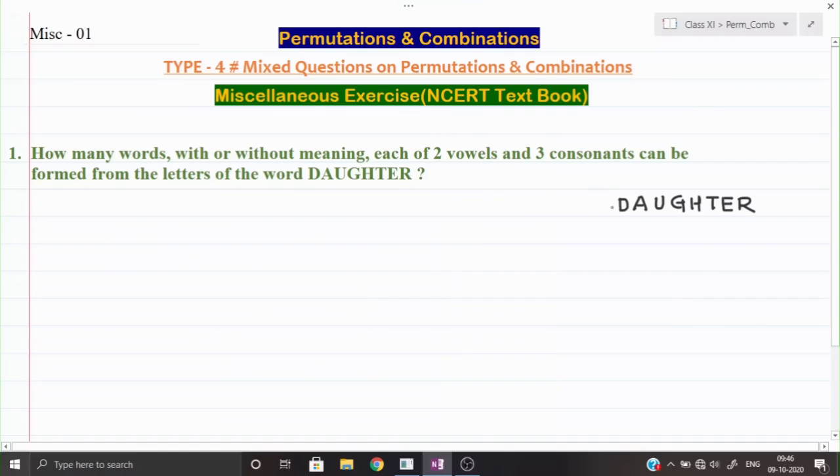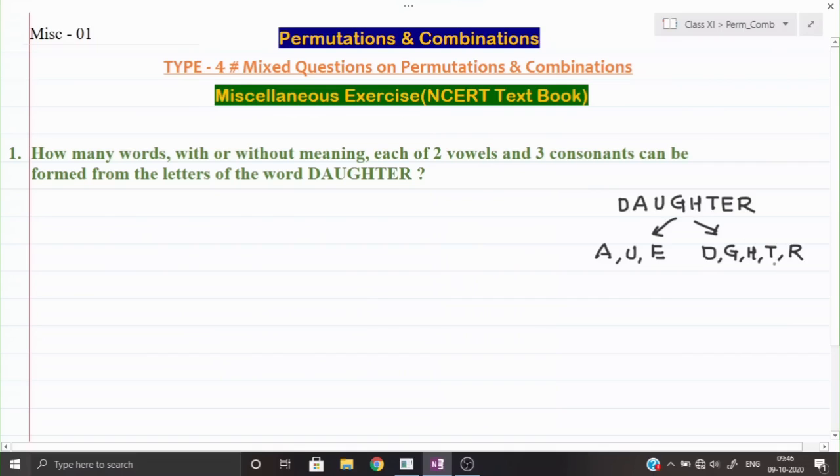Now in this word, first of all observe who the vowels are. Vowels are A, then U, then E. There are 3 vowels. Am I right? And how many consonants are there? Consonants are D, then G, then H, then T, and then R. Total how many letters are there? 3 plus 5 is 8.